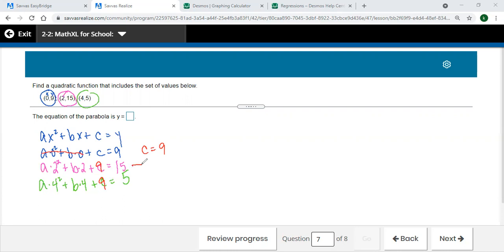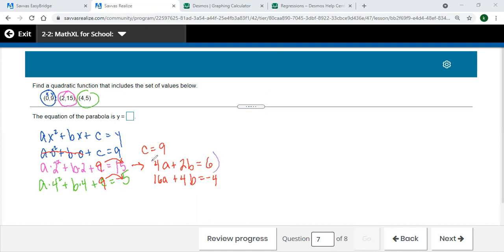So then this one's going to be 4a plus 2b, and if I subtract that 9 to the other side, 15 minus 9 is 6. And the next equation is going to be 16a plus 4b equals, subtract 9 to the other side there, 5 minus 9 is negative 4. All right, now we use the elimination method in here.